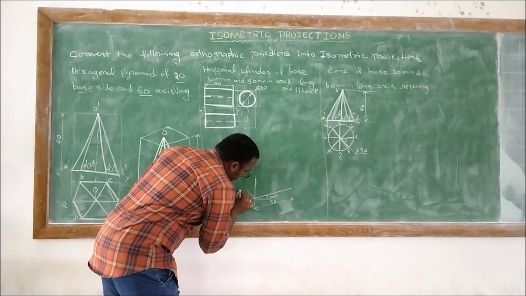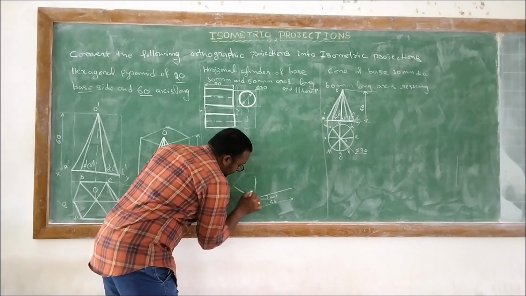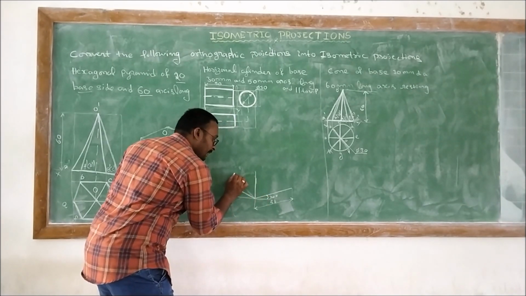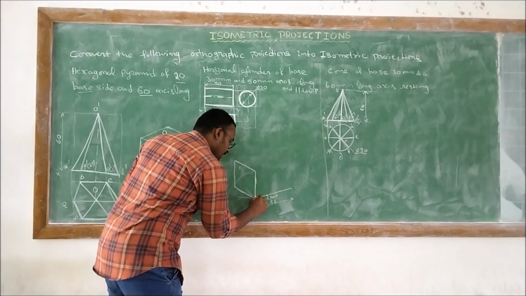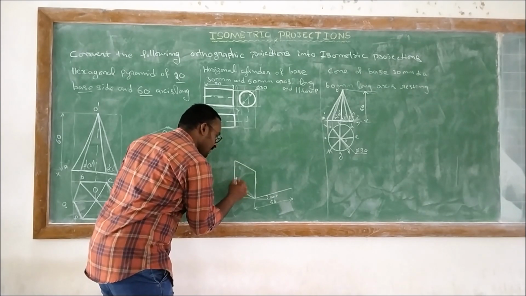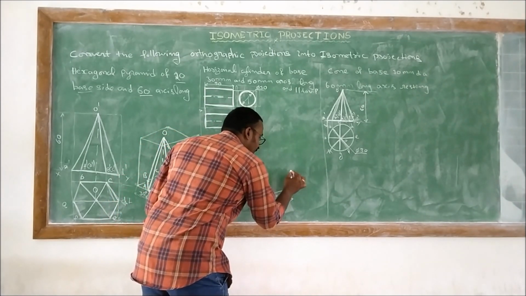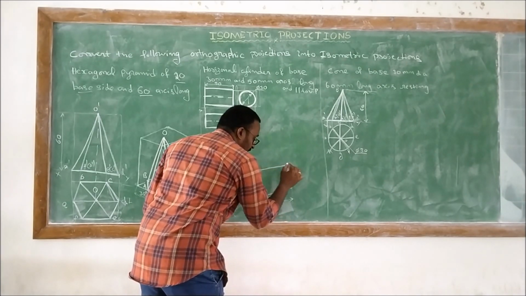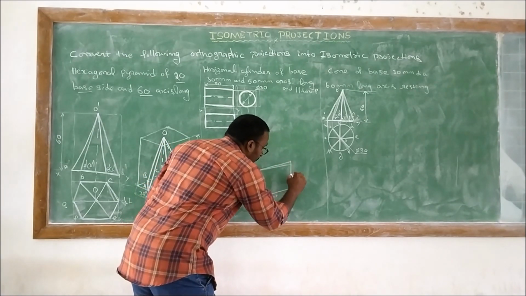Another side of that square should be at an angle of 30 degrees. Right? Then create the vertical line, and the horizontal line must be inclined at an angle of 30 degrees to the ground.